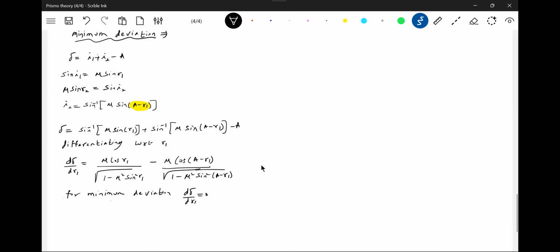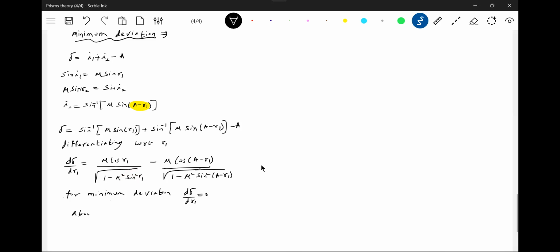This is possible only when cos R1 and cos R2 are positive, or we should better say this is possible only when these two square roots are positive.